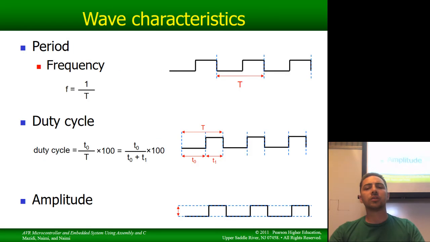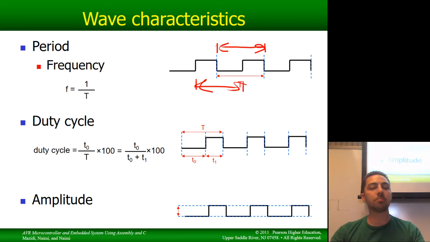Just so that we're all on the same page here, the period of a wave is the time between falling edges, or you could say it's the time between rising edges. It's the same time. That's the period of a wave, usually denoted with tau.